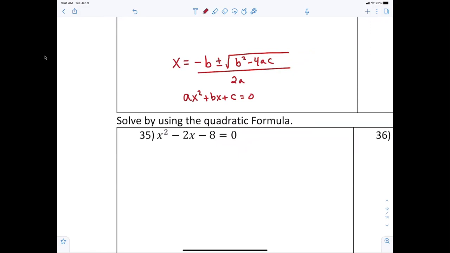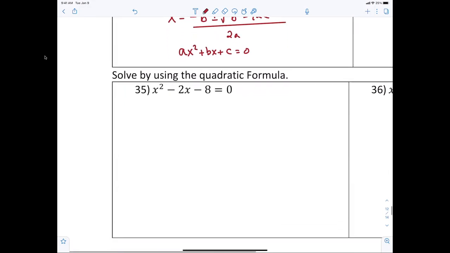Yeah. So if you can look and say something that's easily going to factor, I'm not using the quadratic formula. Those of you guys that are horrible at factoring, just use the quadratic formula, and you'll get the right answer. It just requires a lot more work. So 35, obviously, I don't want to use the quadratic formula.